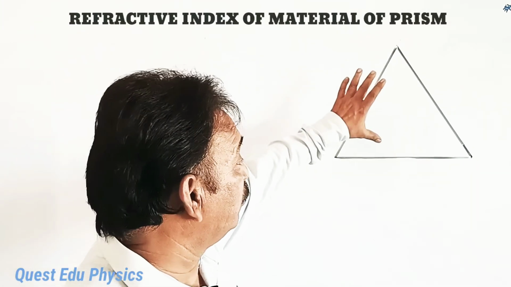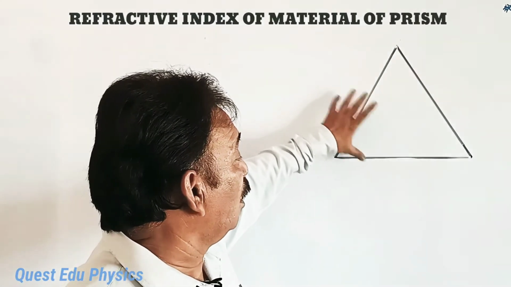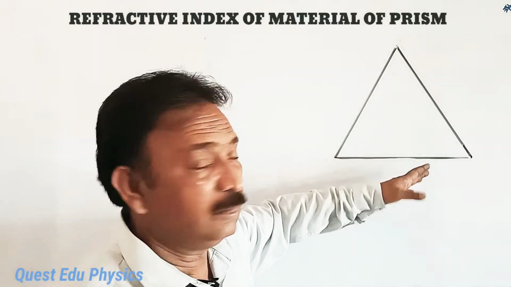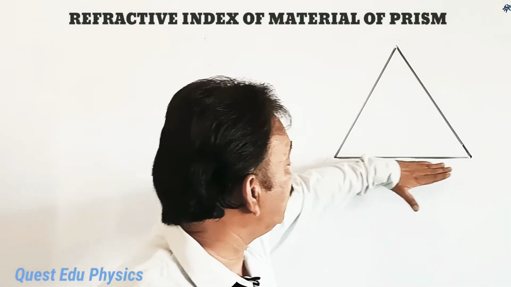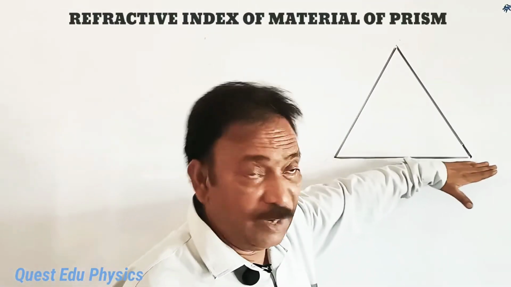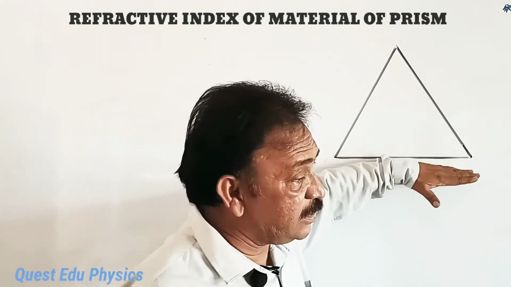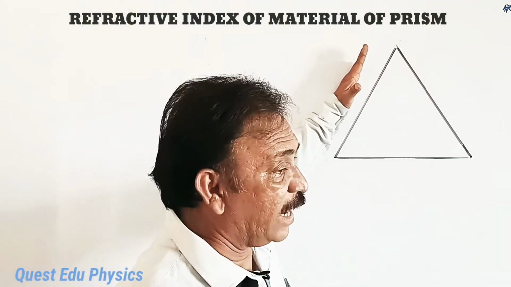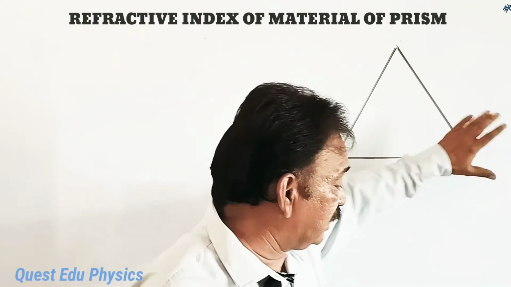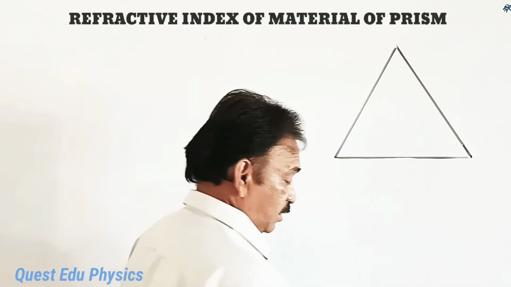If you watch this diagram, you will find three surfaces here. Actually, this is the base of the prism. Though it is also a refracting surface, we are considering it as the base of the prism, and this is the first refracting surface and this is the second refracting surface, students.